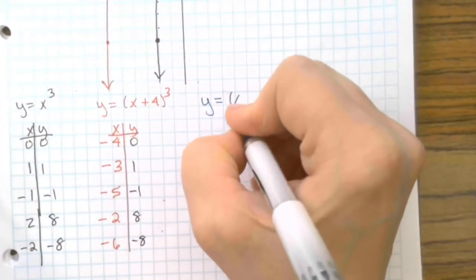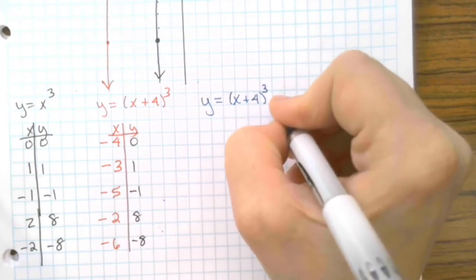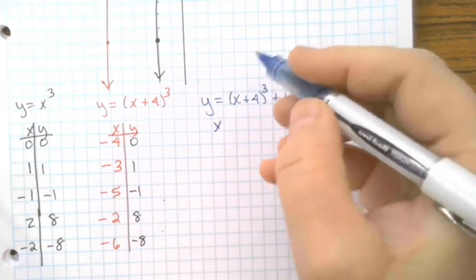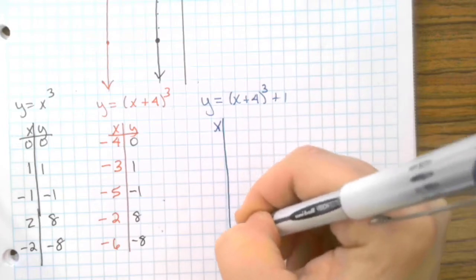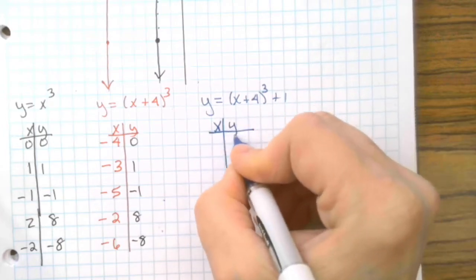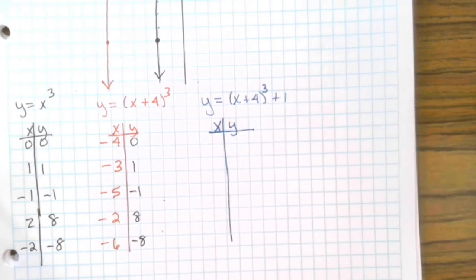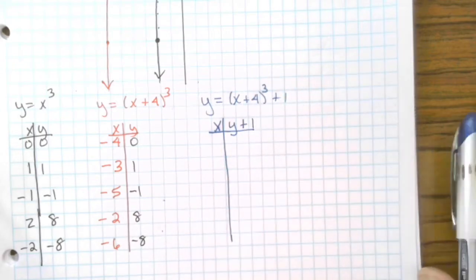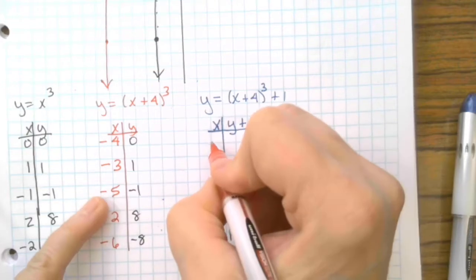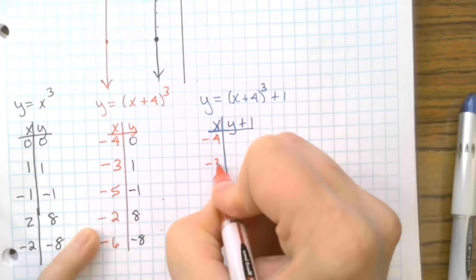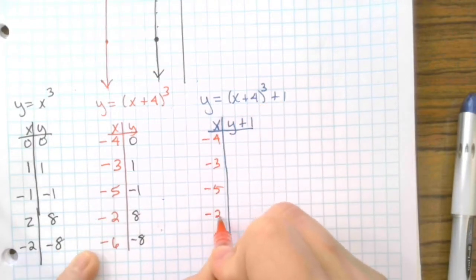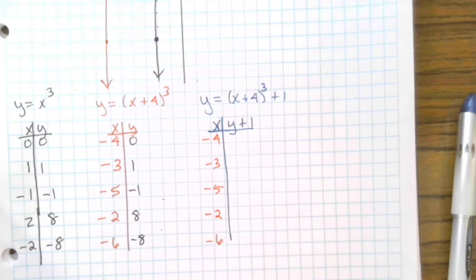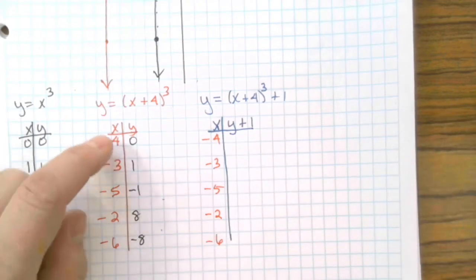In this case, we are going to add 1 to all of the y's. So the x's are going to stay the same: negative 4, negative 3, negative 5, negative 2, and negative 6 are unchanged. Only the y is affected.